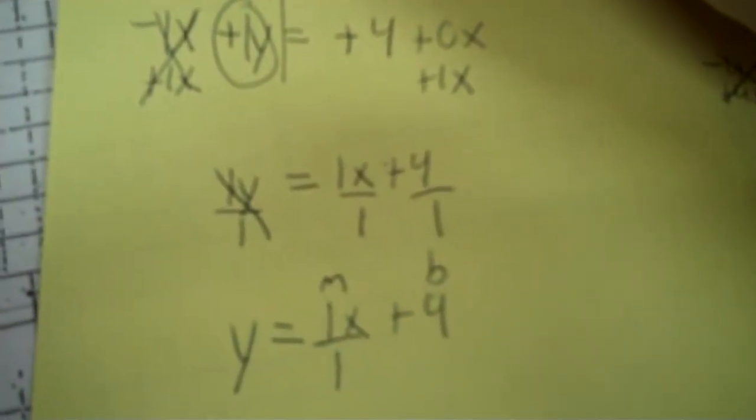Now we're going to graph the two lines. Put a 1 under your m so it's a fraction. So I go to 4. 1, 2, 3, 4. And then from there I go up 1, forward 1. Take your ruler and make the line as straight as you possibly can.